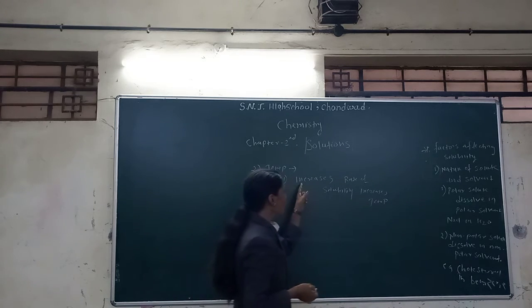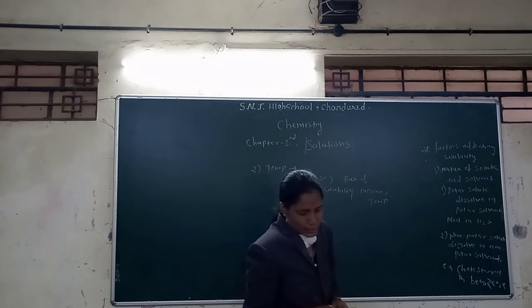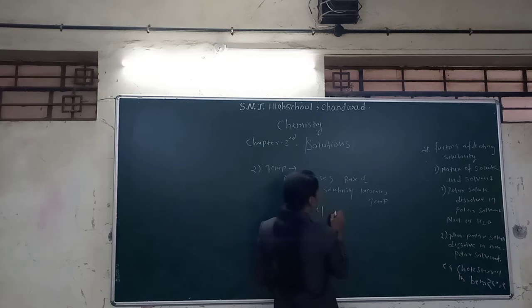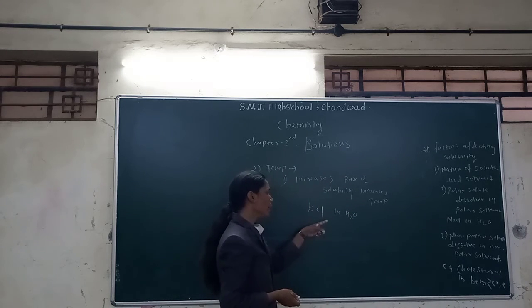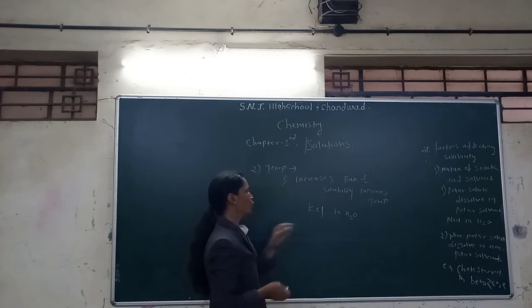An example of increased solubility with increasing temperature is KCl dissolved in water. When KCl, potassium chloride, is dissolved in water, on heating, KCl dissolves easily in H2O.